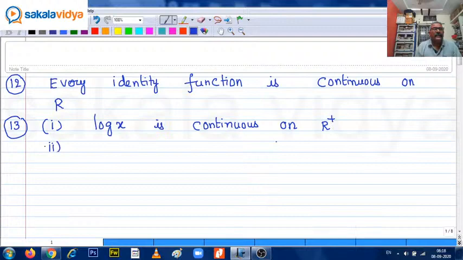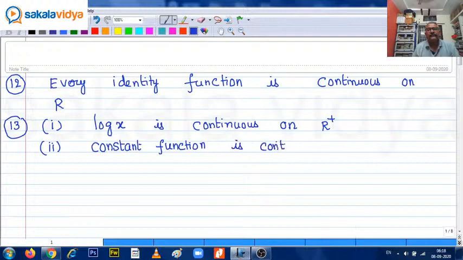So let me discuss the second point. The second point is: constant function is continuous on the real number system, on R, the set of real numbers.